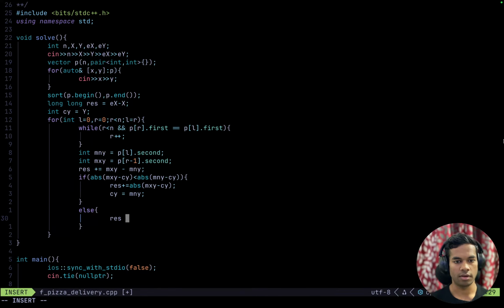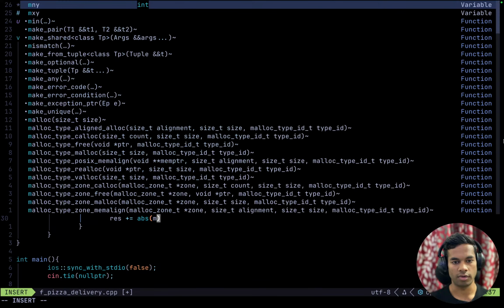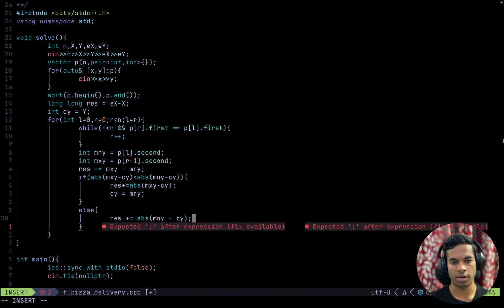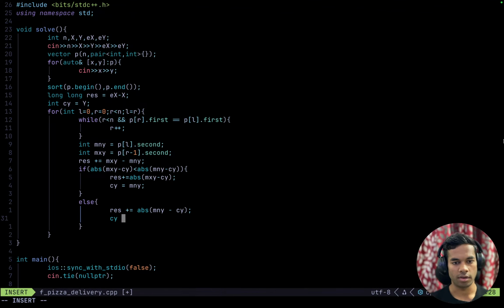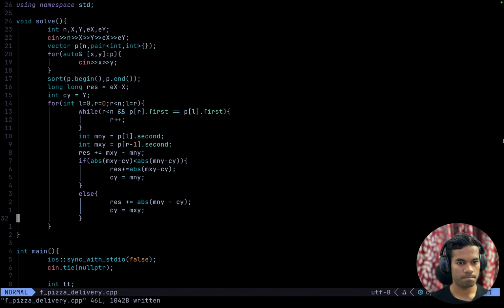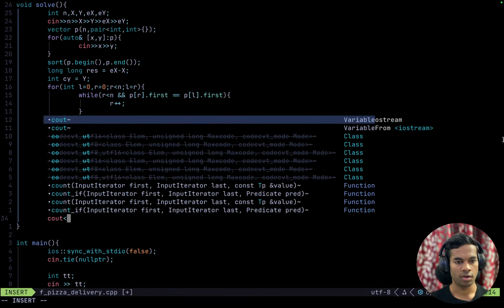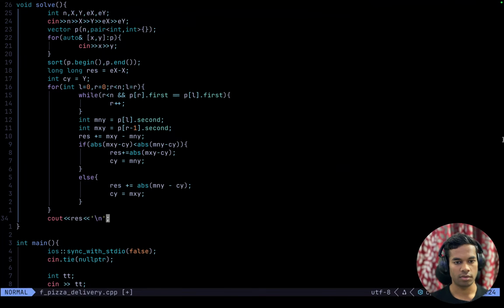Else response plus equals absolute difference of minimum y minus current y, and current y will become equal to maximum y, and that seems good enough.